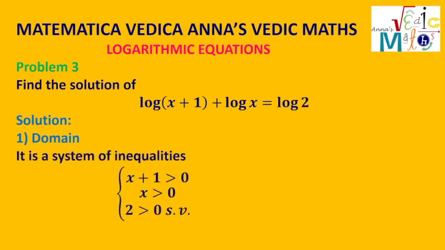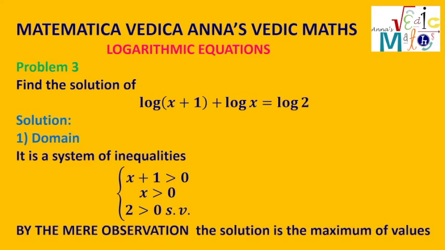That means a system of inequalities: x plus 1 greater than 0, x greater than 0, and 2 greater than 0, which is always true. By the mere observation, we know that the solution is the maximum of values. This means x greater than 0.